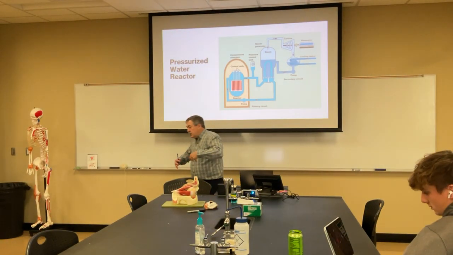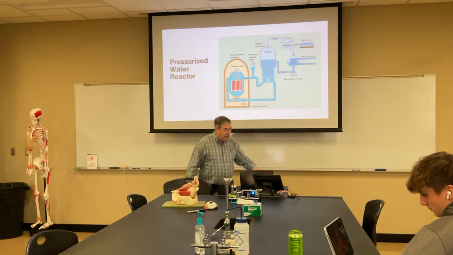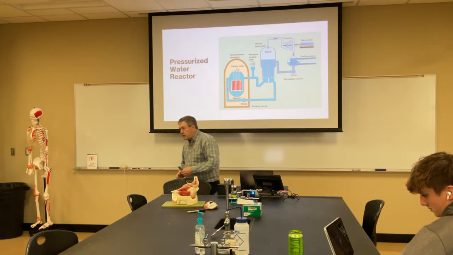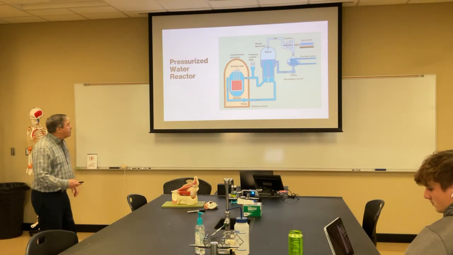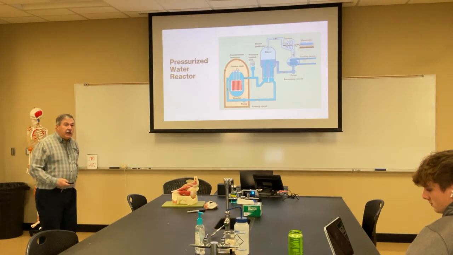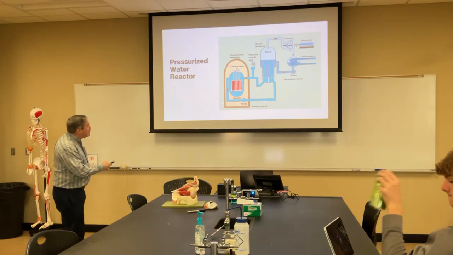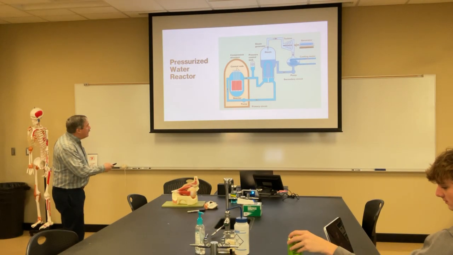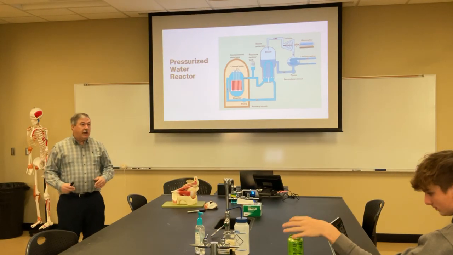So this is a diagram showing a typical pressurized water reactor, fission nuclear reactor. And so the concentrated uranium-235 that's used as a fuel is contained within a closed building that has very thick walls of concrete.